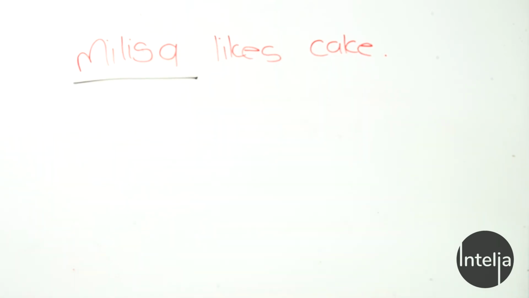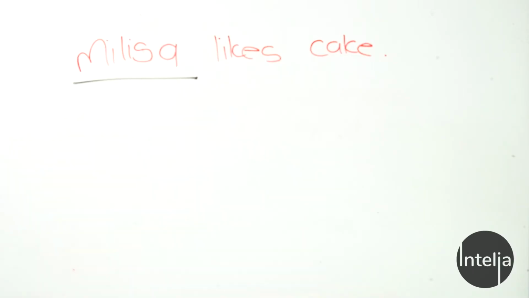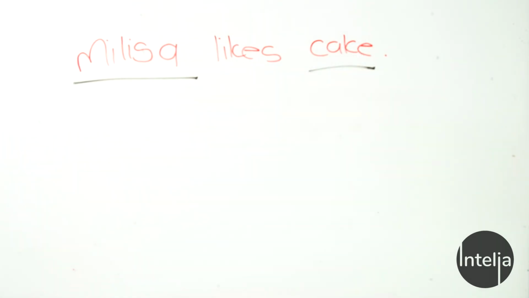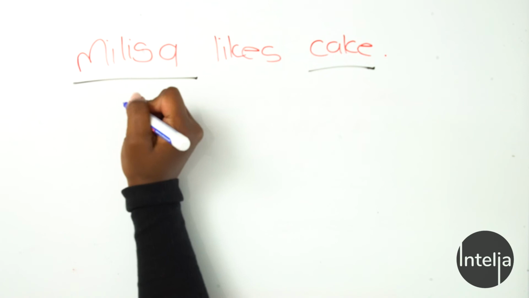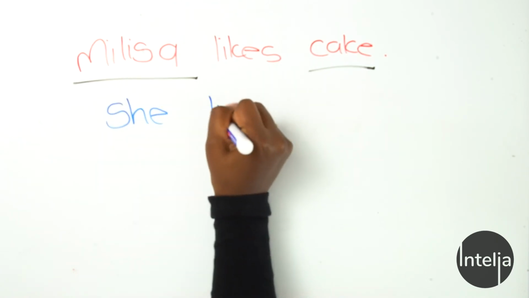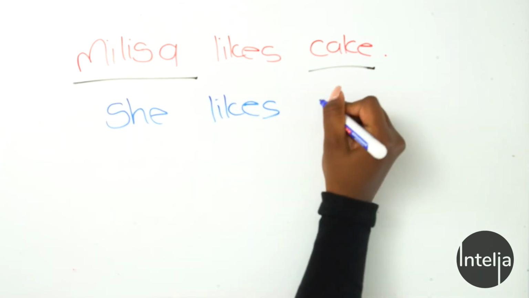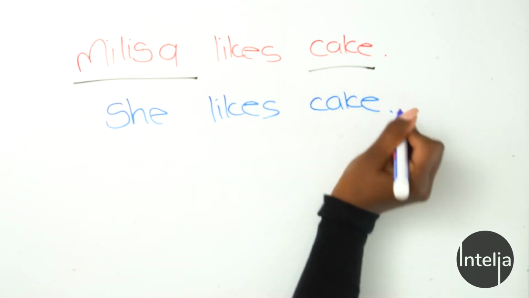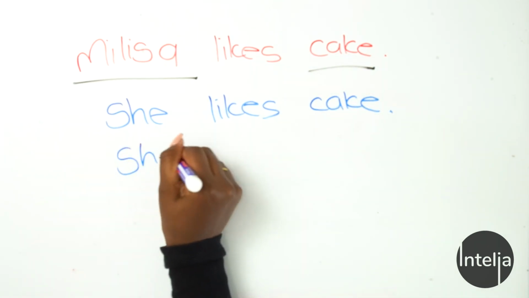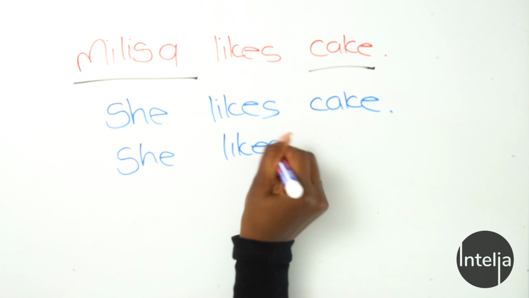Remember, noun is the name of a person, place, or thing. So we have found our noun, which is Melissa. Cake is also a noun. And we're gonna put pronouns in two different ways. So the first one, we're gonna do Melissa. So Melissa is a girl. So we're gonna say she likes cake. And if we're gonna change cake as well, we can say she likes it.